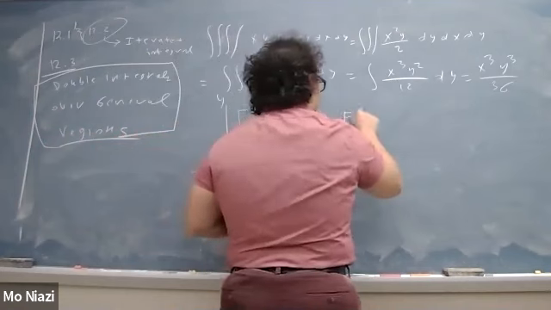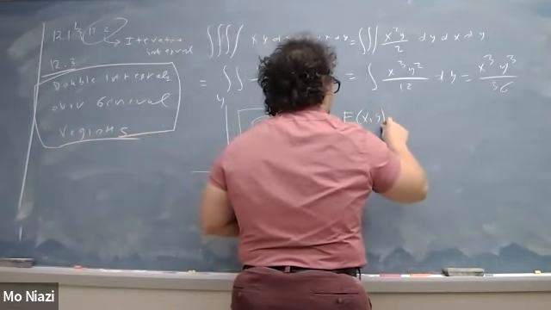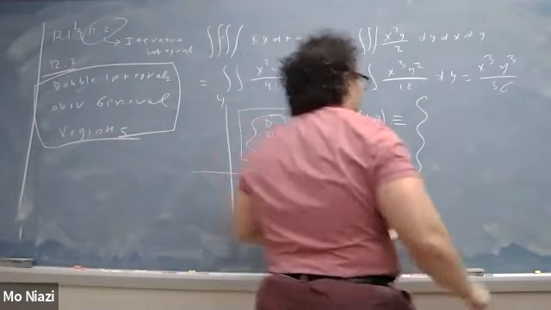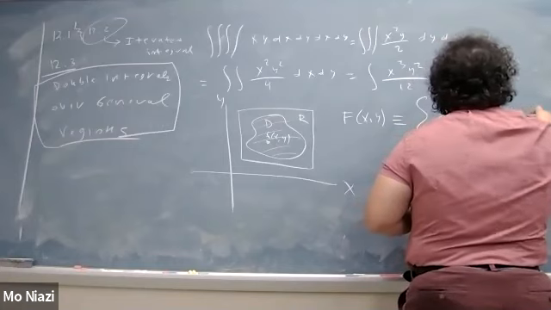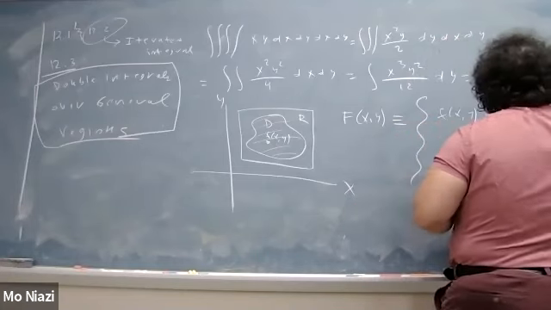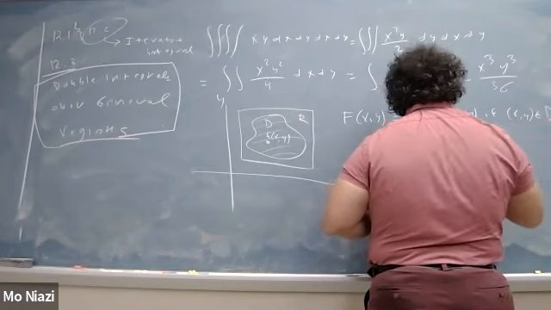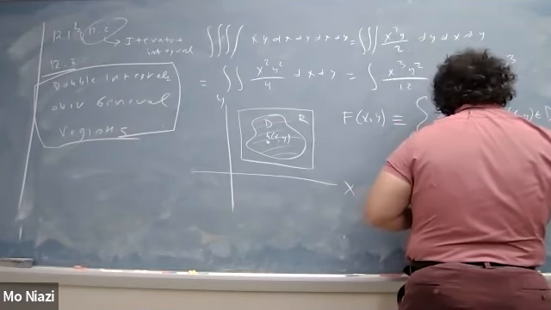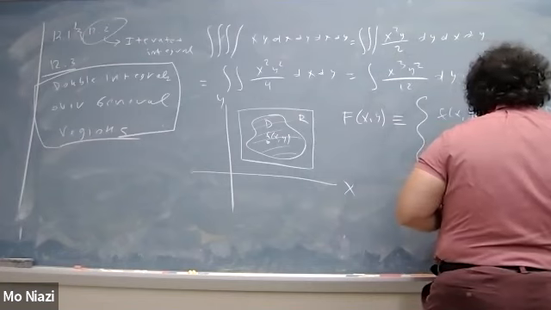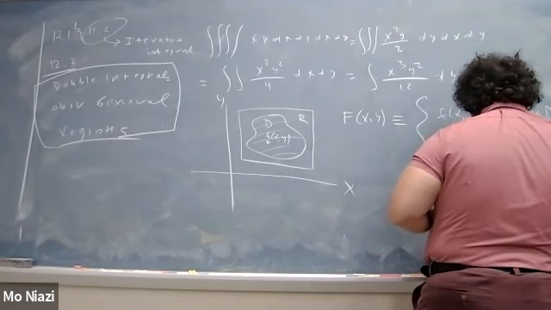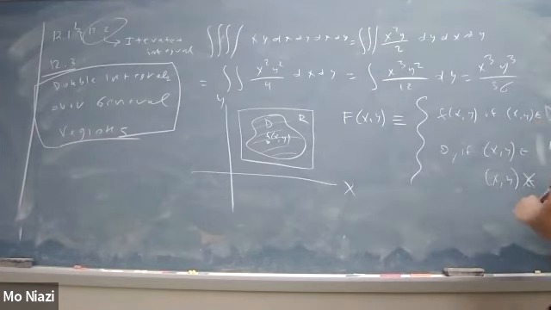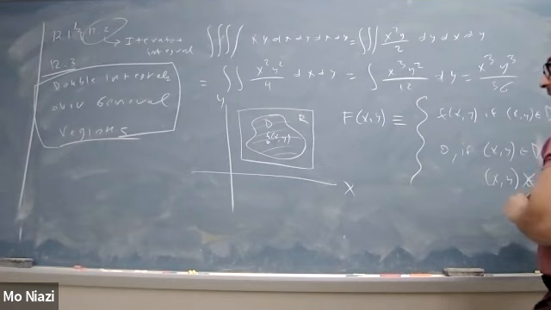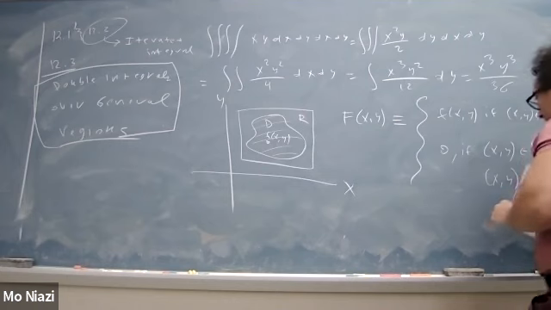Okay, so then if what's inside here is some f of x, y, we can define a new piecewise defined function, capital F of x, y. It can be defined piecewise as outputting f of x, y if our x, y is an element of D, and 0 if our x, y is an element of R and not an element of D. That's what I'm trying to say here.